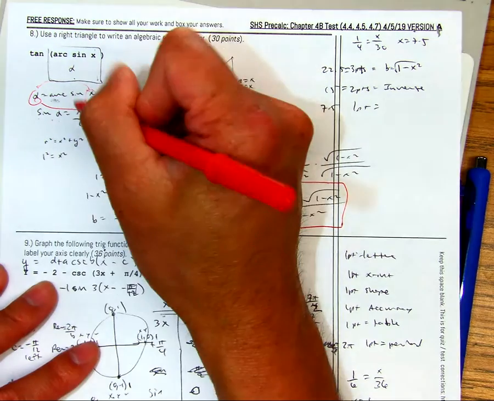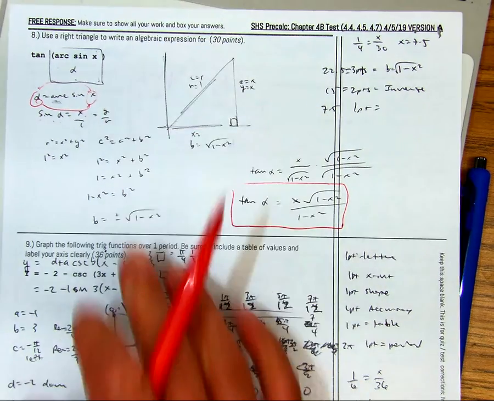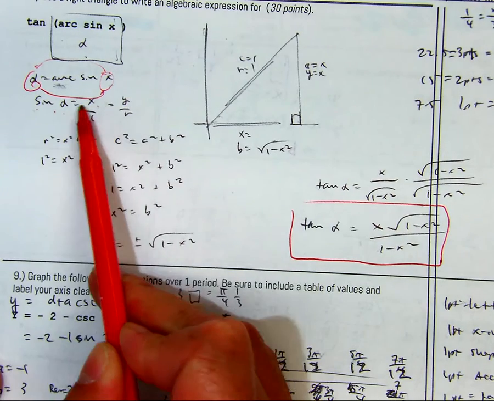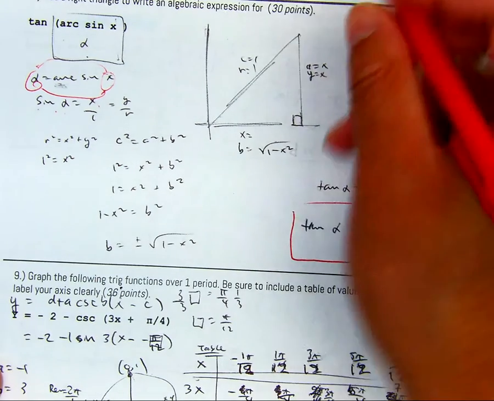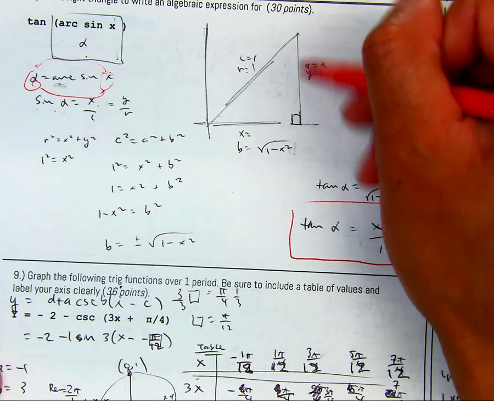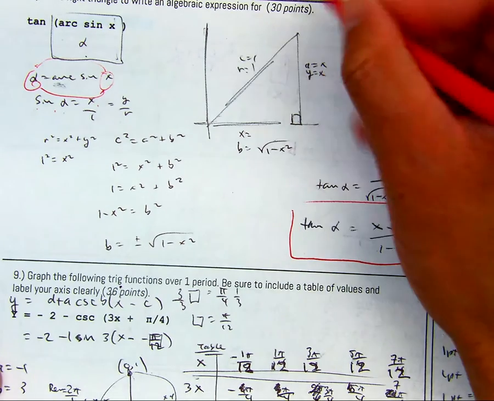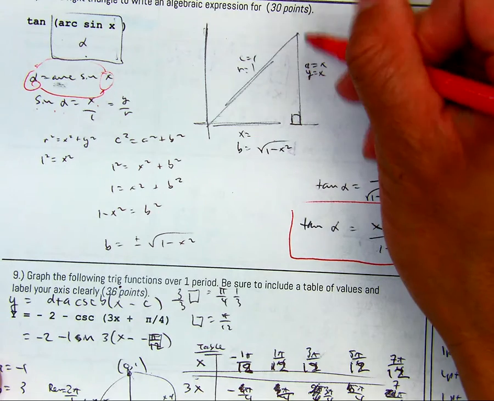Now this is kind of weird, so I made a fraction x over 1, and then sine is y over r. So on my picture, here's my y value. I called it the variable x. The x-axis, or if you want to call it maybe 3 sides of a triangle, like this is a, the a side is x.